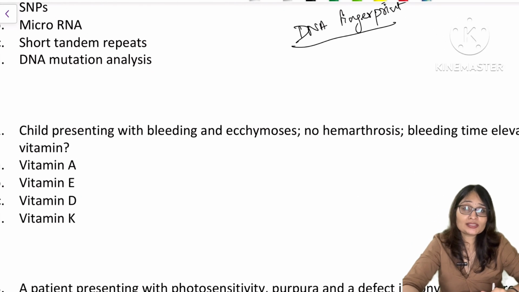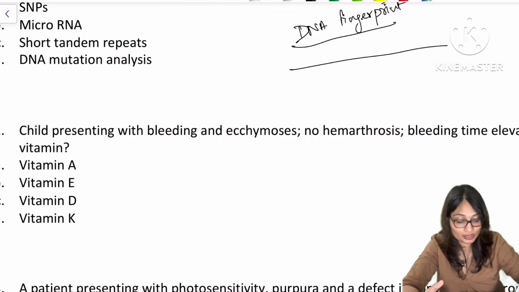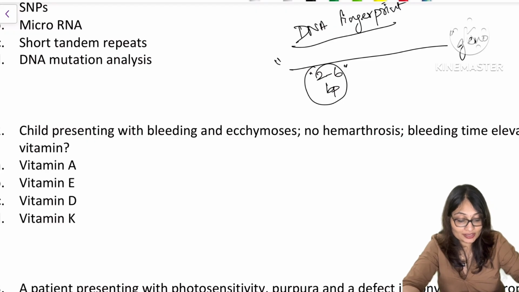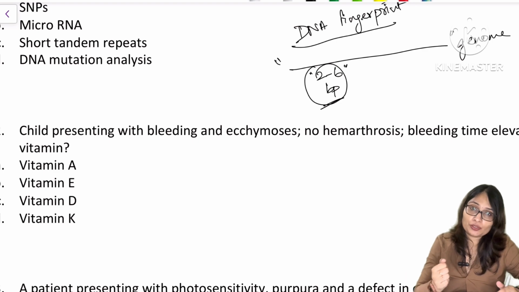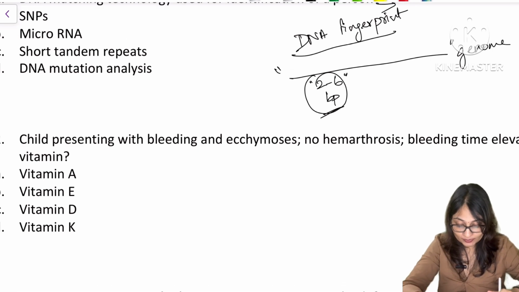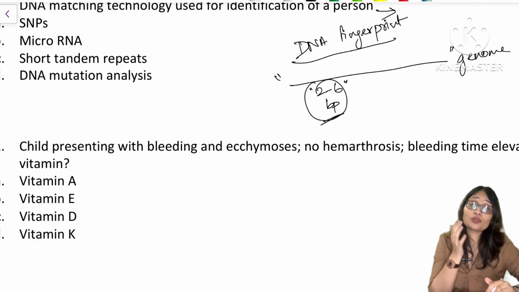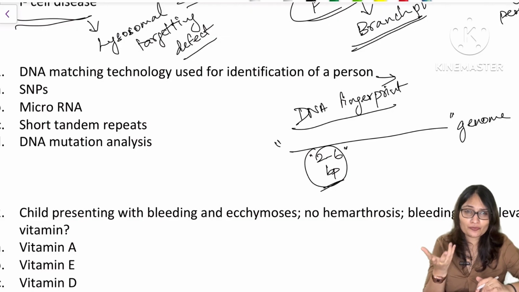In a person's genome, there will be about 2 to 6 base pair tandem repeats that are interspersed within the genome, and the number of these repeats varies from person to person. Based upon the number of those repeats, we can identify a particular person, a victim.